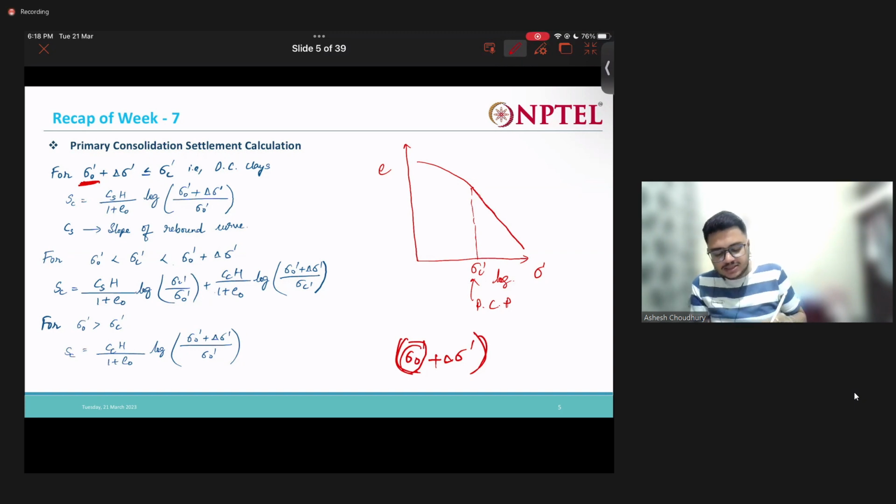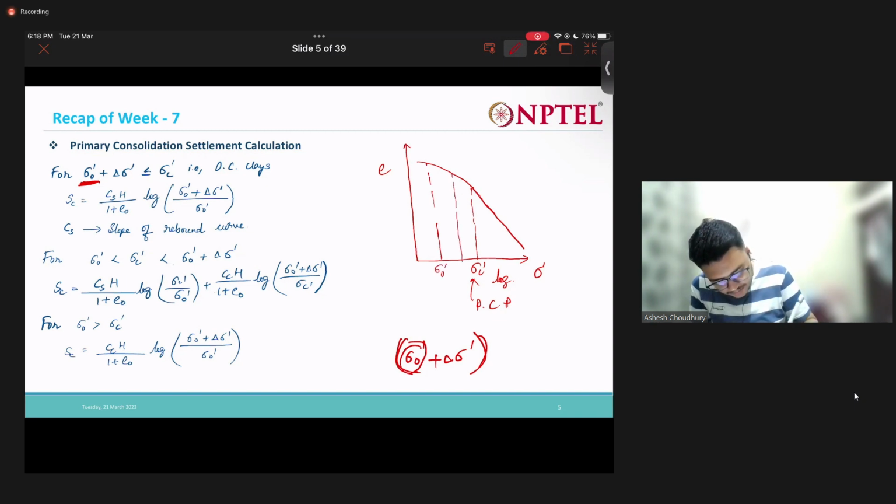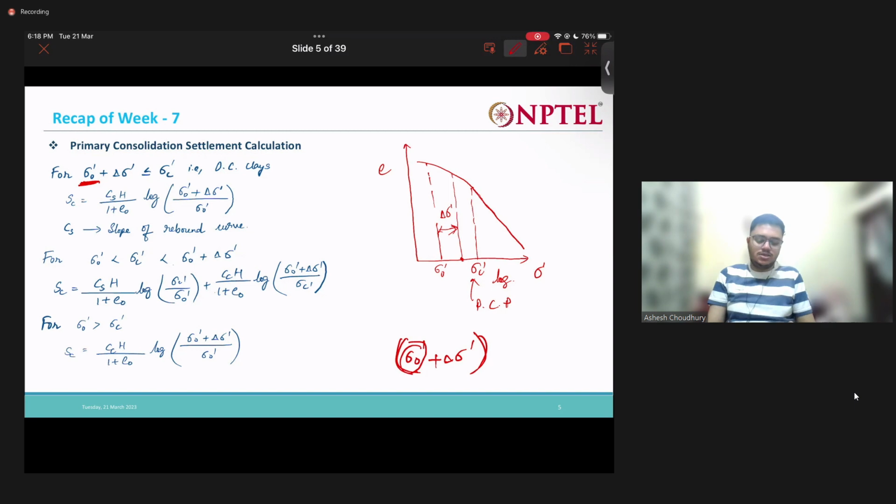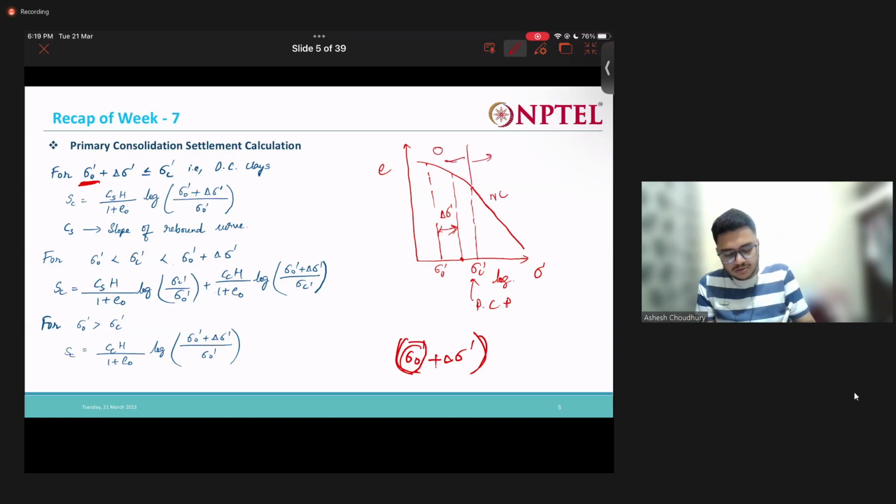So if this stress is less than the pre-consolidation stress, say initially you were here, then you increase the stress, you came here, and this much is your distance. If this point is actually less than the pre-consolidation stress, that means our soil is over consolidated, in the over consolidated region, and this is my normal consolidated region.